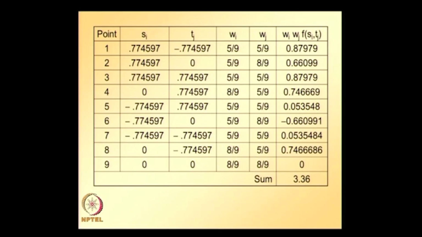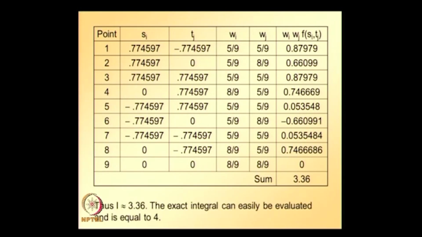The estimate of the integral is the sum of all the values corresponding to points 1 to 9, which appear in the last column, and if you sum up, it turns out to be 3.36. So the estimate of this integral using 3 by 3 integration is 3.36, whereas the exact integral value is going to be 4.